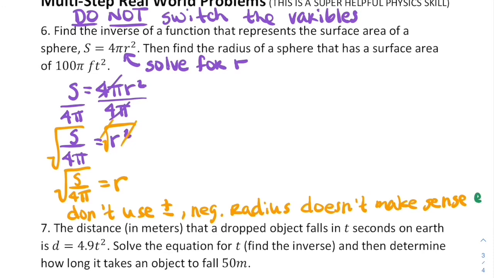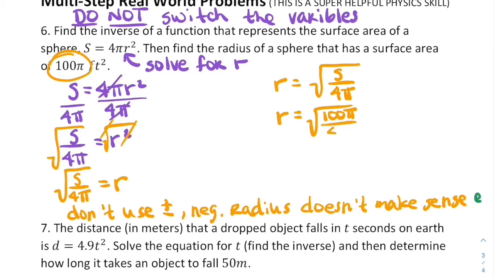Okay, so now that we've solved for r, we can find out what r is equal to when s is equal to 100 pi. So we're just going to plug that in. R is equal to square root of 100 pi over 4 pi. Let's simplify this.